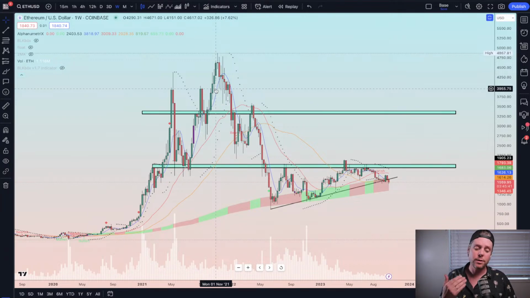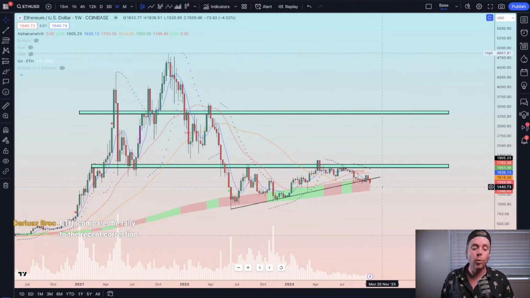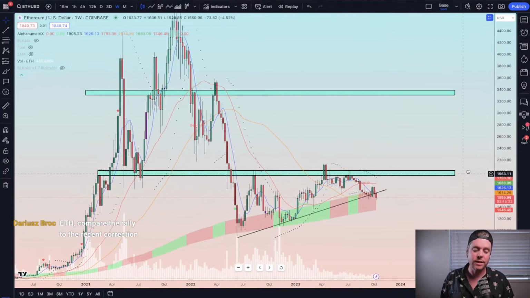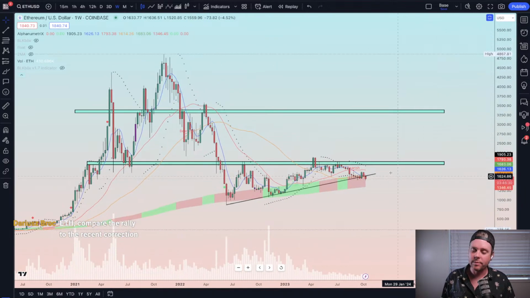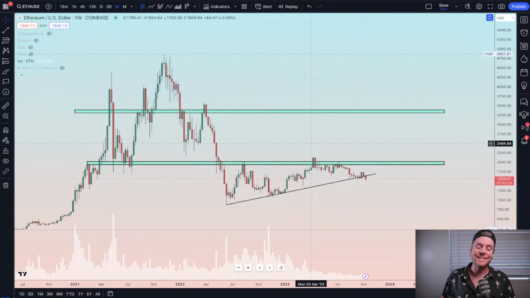Now, when we look at Ethereum on the dollar pair, it was looking a lot better, honestly. Let's actually turn alphanumerics off for just a moment, because it was creating this ascending triangle formation up against resistance.